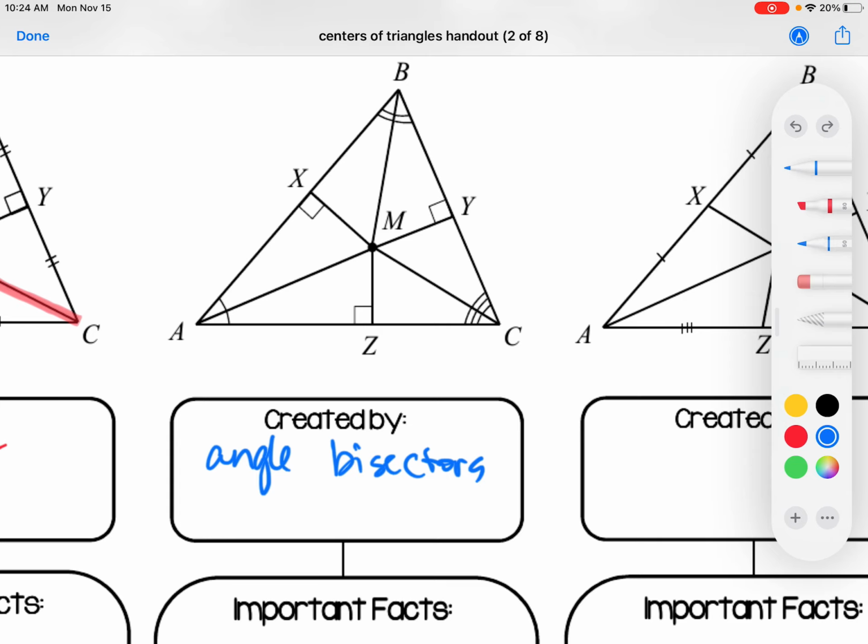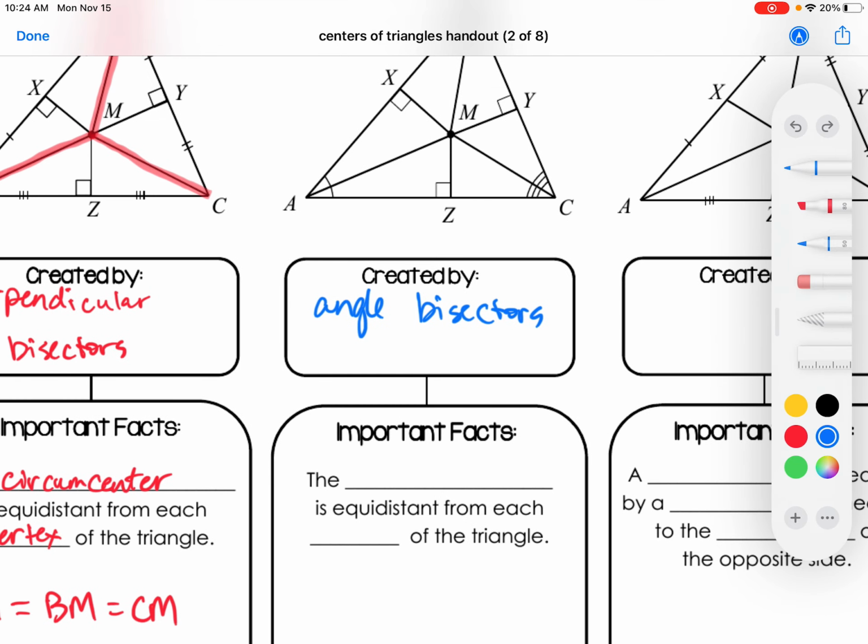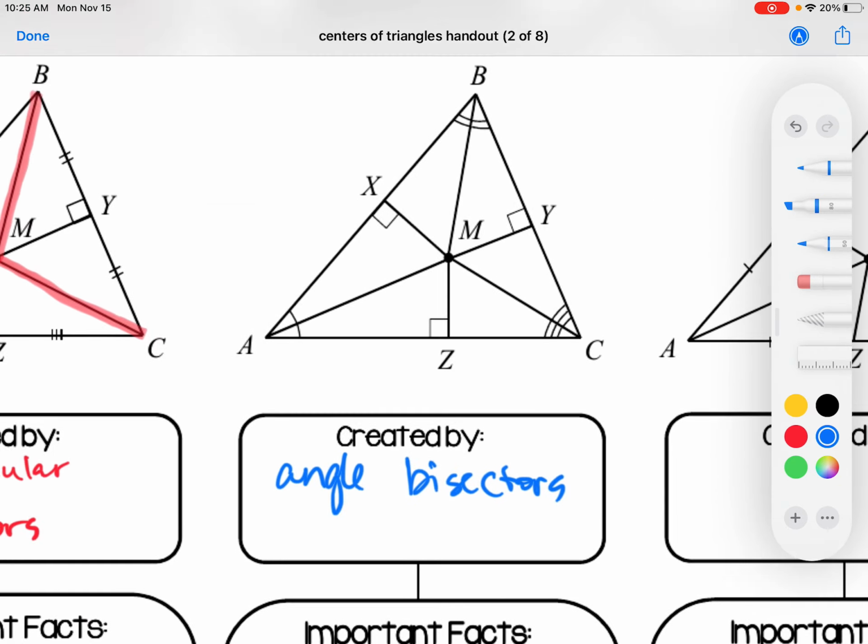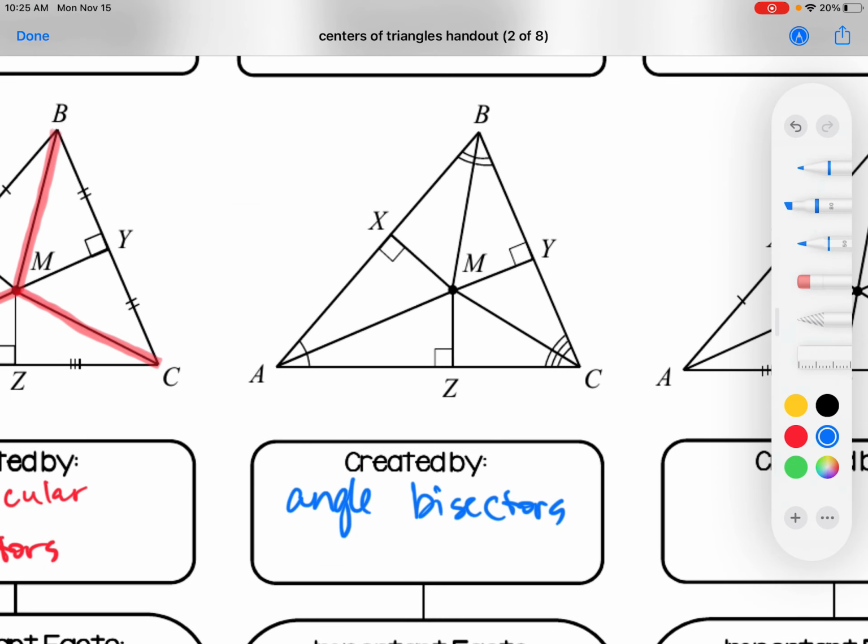What that means for us is it tells us where the incenter is. The incenter is equidistant, so the same distance, from each side of the triangle. When we look at this picture, it means that this point in the middle, the incenter, is the same distance right here, and right here, and right here.